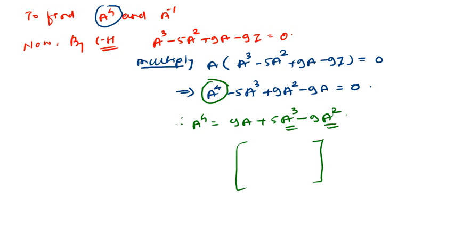On a similar basis, if you want to find the value for A inverse, again by the Cayley-Hamilton theorem we have A cube minus 5A square plus 9A minus 9I equal to 0.